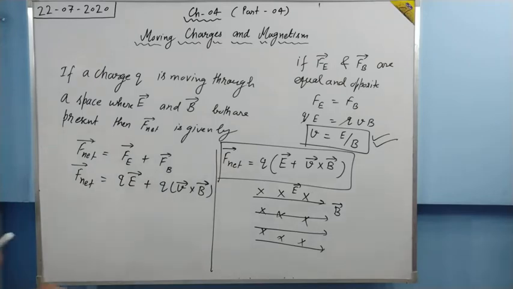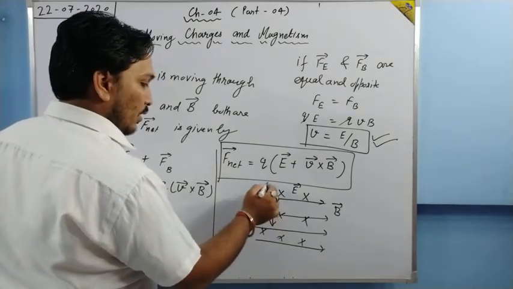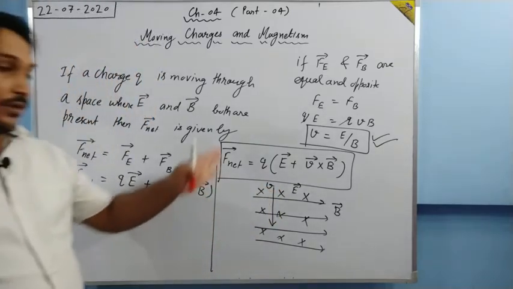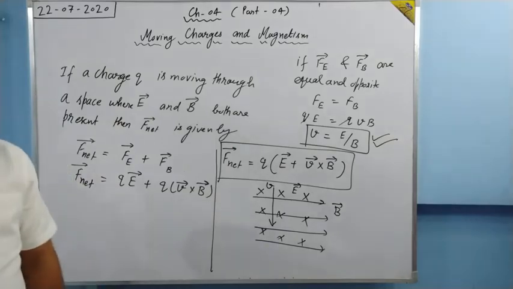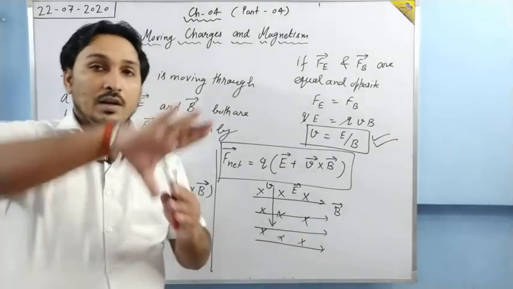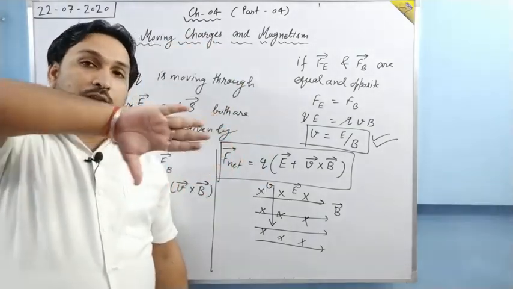If a charge is moving through this space, like this is the velocity of the charge. Direction of the velocity is perpendicular downward. So basically this thumb, because of the magnetic field, thumb is towards the velocity of the charge. These fingers towards the magnetic field.